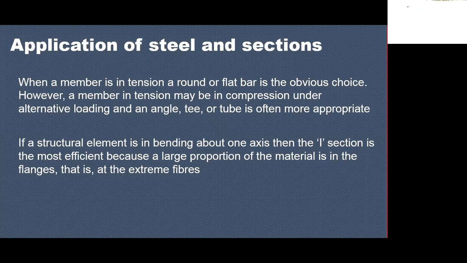Say if you have a purely tensile force acting on a member, even a steel wire is enough to carry that load. But if you have an element which is under tension during one cycle of loading, and under compression during another cycle of loading.